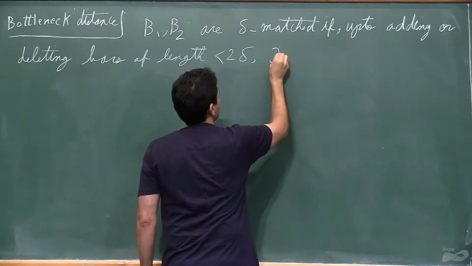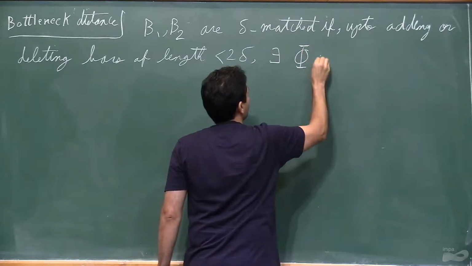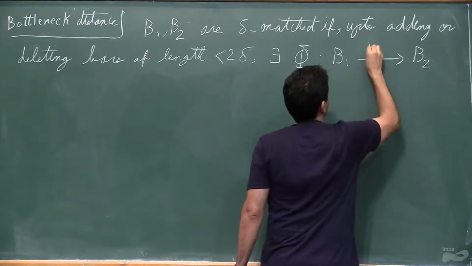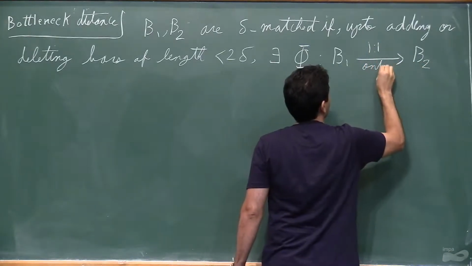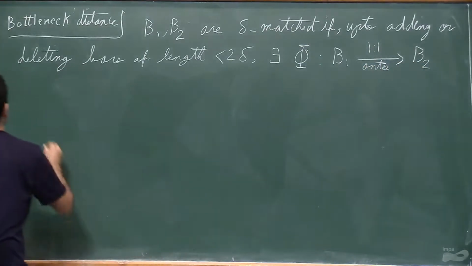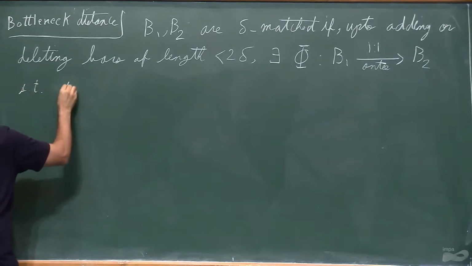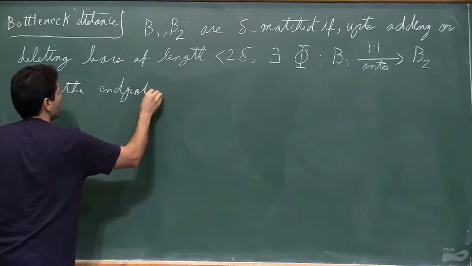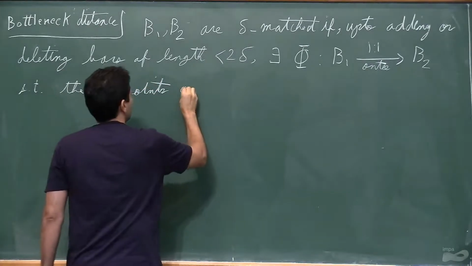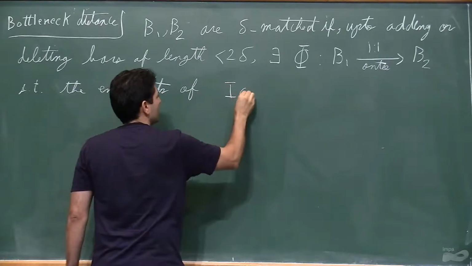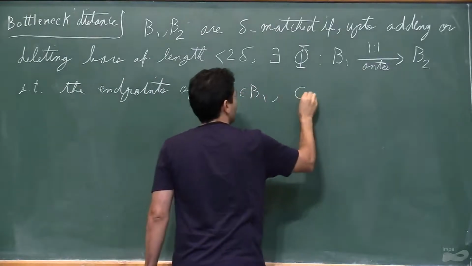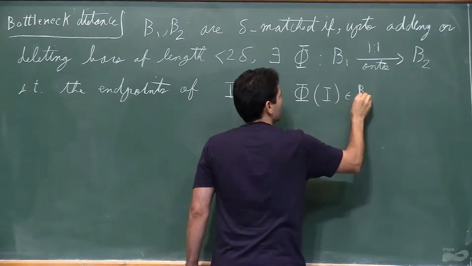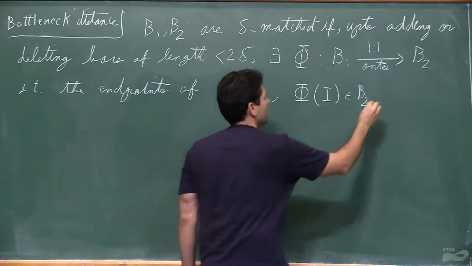There exists a bijection, which I'll call phi, from B1 to B2. This is a one-to-one and onto map such that the matched intervals are close to each other. So say I is in B1, and then phi of I is the bar that's matched to it in B2. The endpoints of these two intervals are within delta of each other.